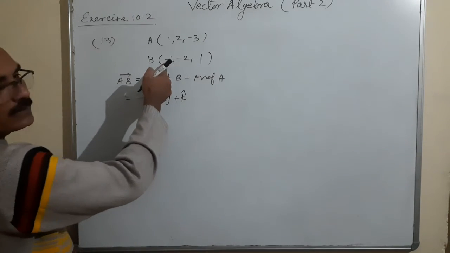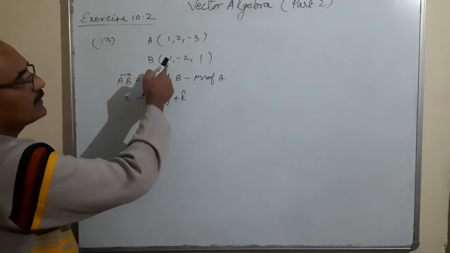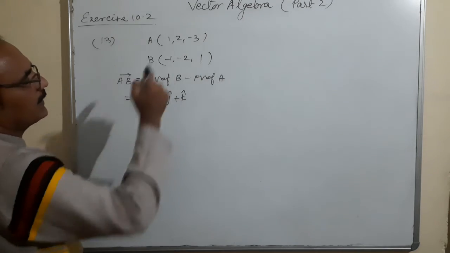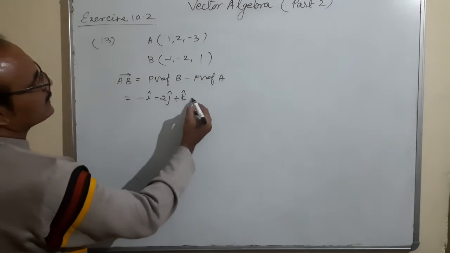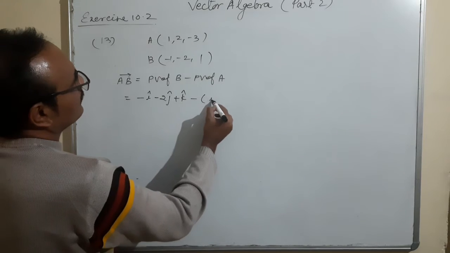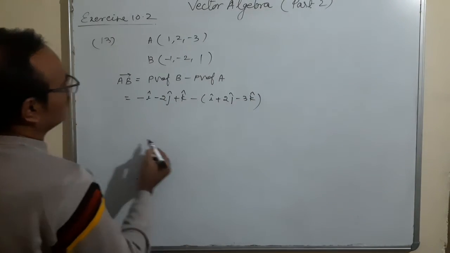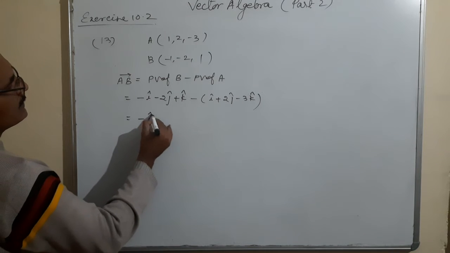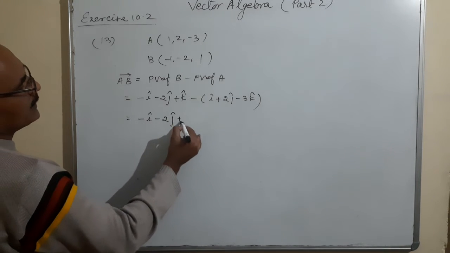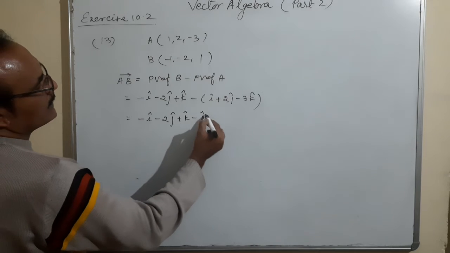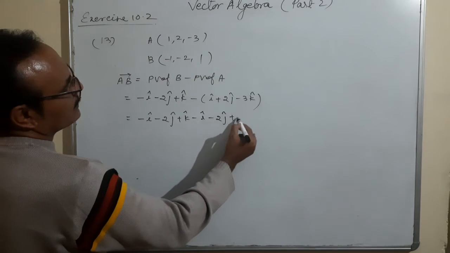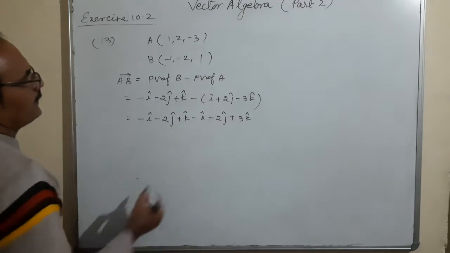Got it? First x, y, z multiplied with i cap, j cap, k cap. Minus position vector of A: i plus 2j minus 3k. So it is coming minus i minus 2j plus k minus i minus 2j plus 3k. Okay.